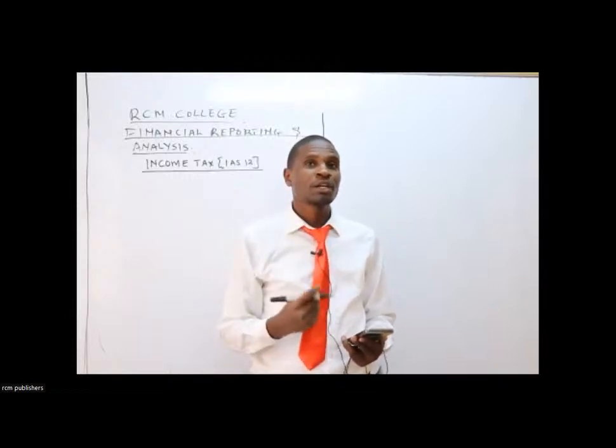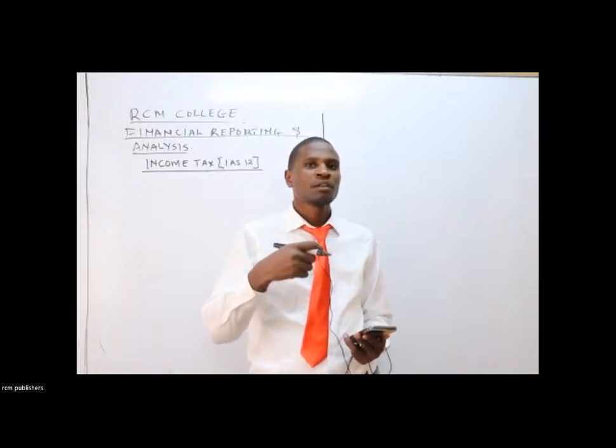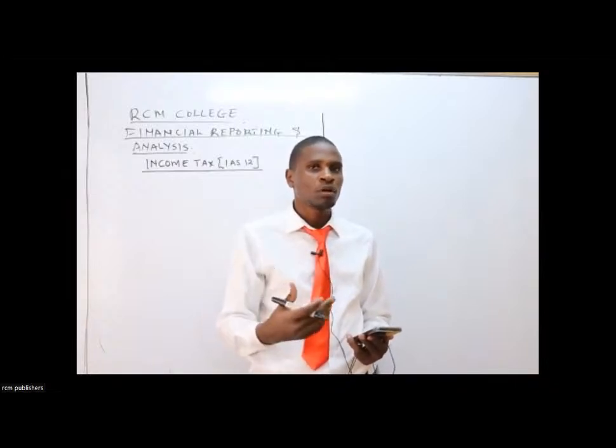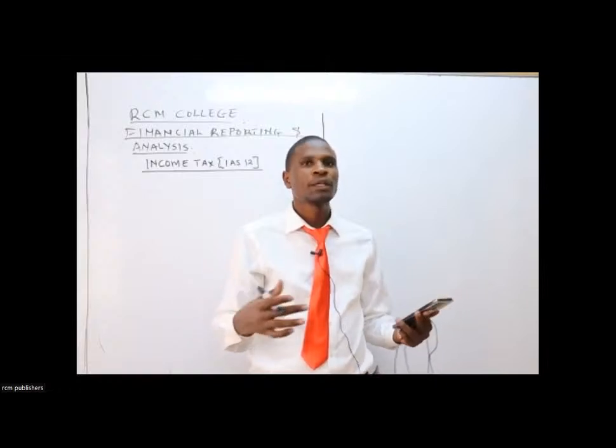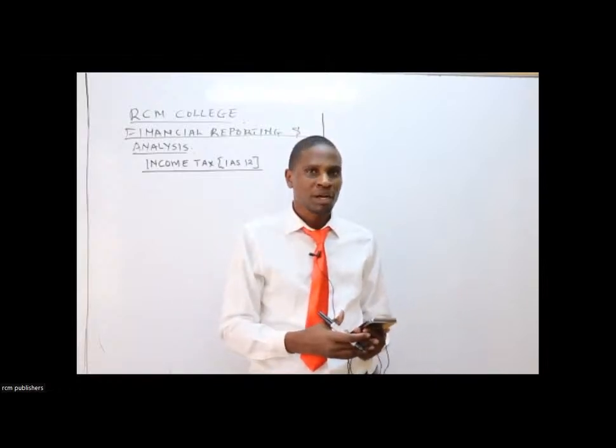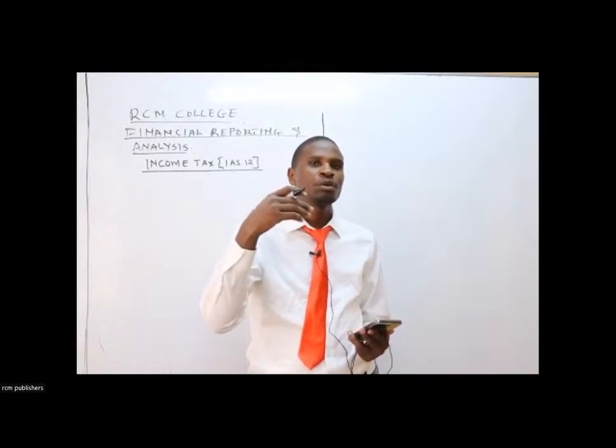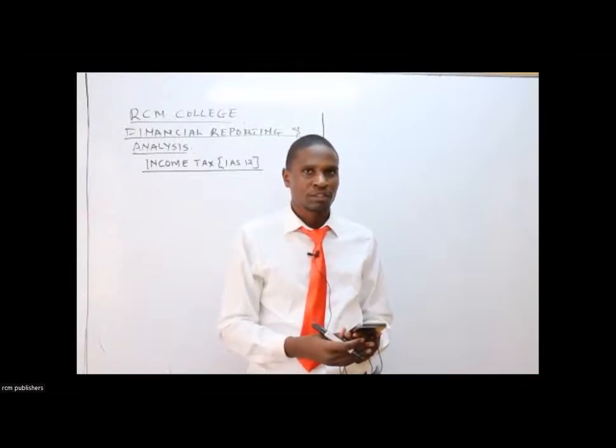When we talk about income tax, we're talking about tax that is payable within the year or after 12 months, all the tax that will be paid beyond 12 months.